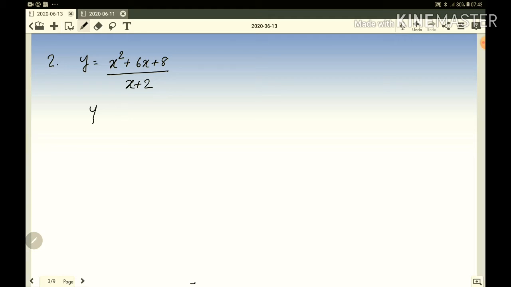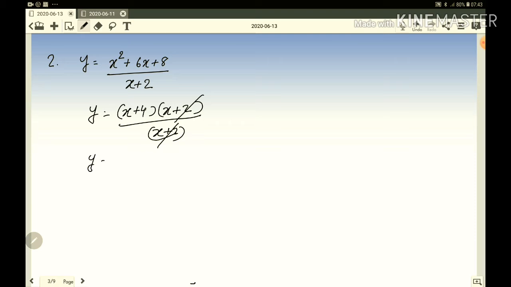So y is equal to this, that one we can factorize. Because it's a simple quadratic expression, we can open two brackets with the x, then think of two numbers that multiply to get 8 and add to get 6. What are those two numbers? Plus 4, plus 2, isn't it? So we factorized. See, one of the factors in the numerator is the same as the denominator, so we can cancel it, isn't it?